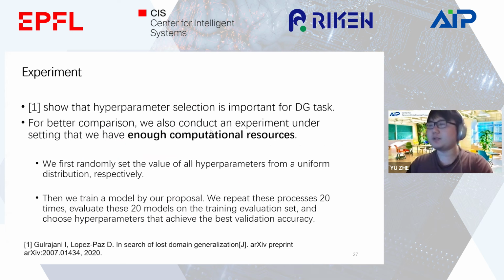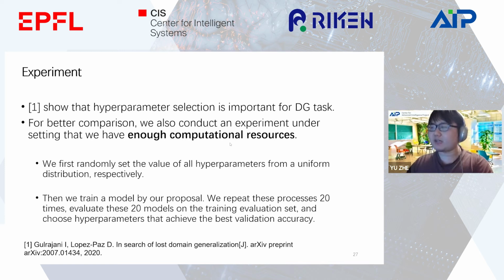Also, the paper shows that the hyperparameter selection is very, very important for the DG task. Hence, our previous settings that assume limited computing resources may not be suitable for the DG task. Hence, for better comparisons, we also conduct an experiment under the setting that we have enough computational resources.